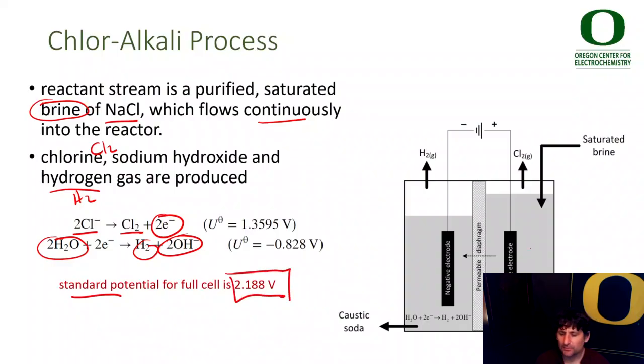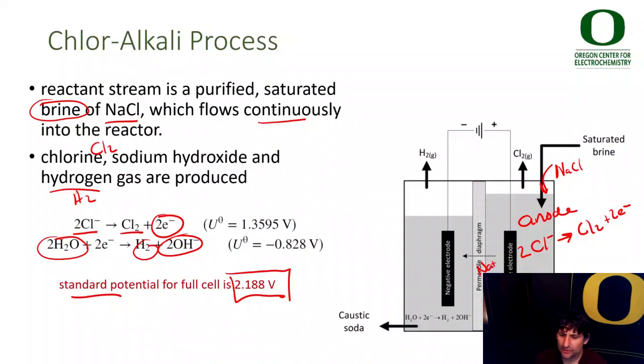Now we need to think a little bit about the balance of ions flowing in this electrochemical cell. At the anode, we are consuming Cl- and we are inputting saturated brine, that is sodium chloride. In order to carry the current, the ionic current, some ions need to move across the cell.